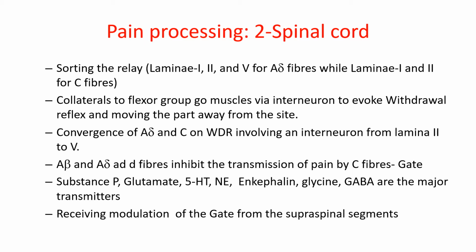The wide dynamic range neuron located in lamina 5 will receive an interneuronal connection from lamina 2. These are substantia gelatinosa cells, and these are enkephalinergic neurons. These neurons are excited by the C fibers, which release substance P, and that will produce what is called the closing of the gate or the inhibition of the gate.